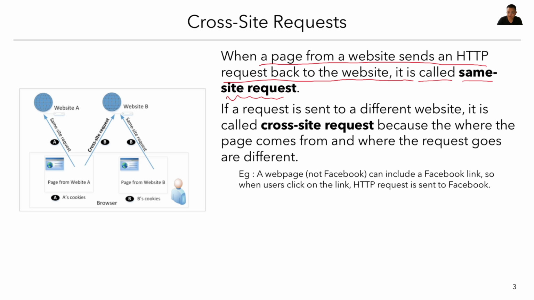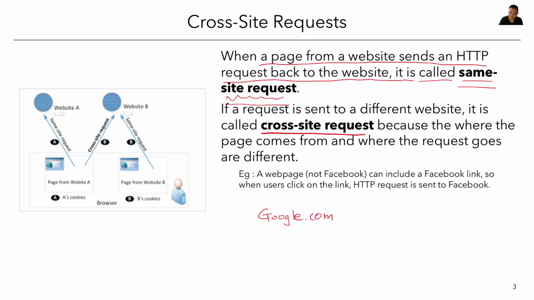If a request is sent to a different website, this is called a cross-site request, because where the page comes from and where the request goes are different. A typical example will be, say, google.com. When you type in some keyword to search some web page, Google will search its database and then return the result.